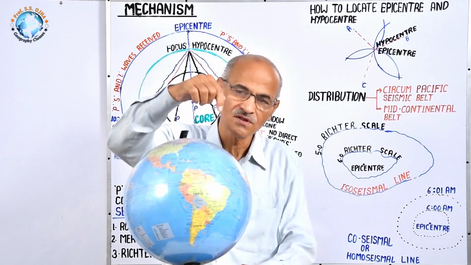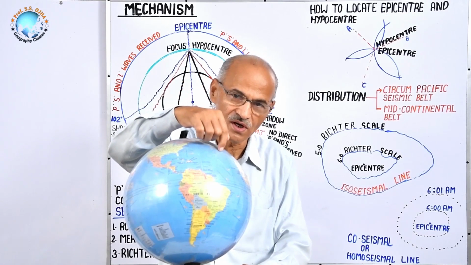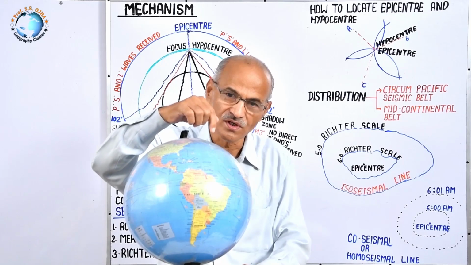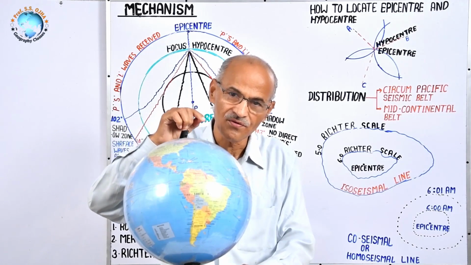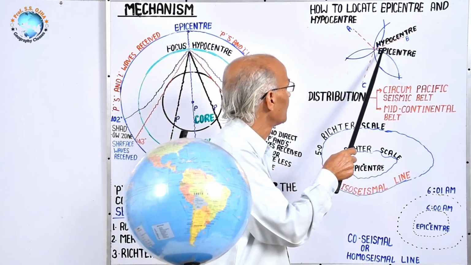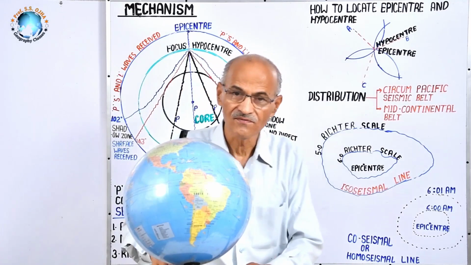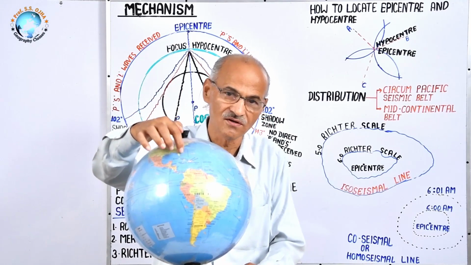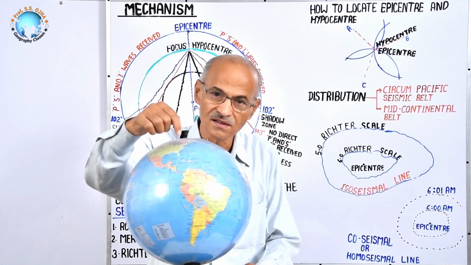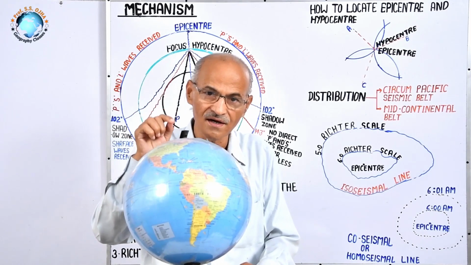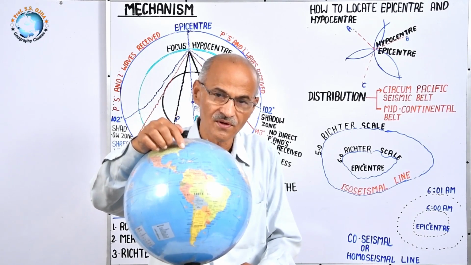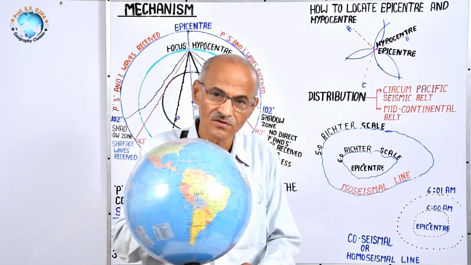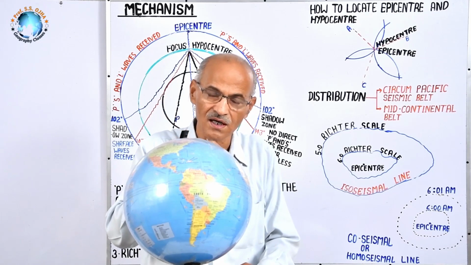So, if the epicenter is in the ocean, then certainly the focus will be below that epicenter, up to 300 kilometers. From the focus, the P waves travel fast and faster, and the P waves will reach one station from within the earth, and that seismograph will record the arrival time of the P wave, and the seismograph will wait for the arrival of the S wave, which will start from that focus or hypocenter.